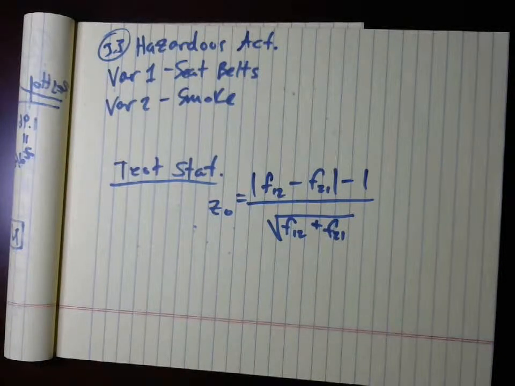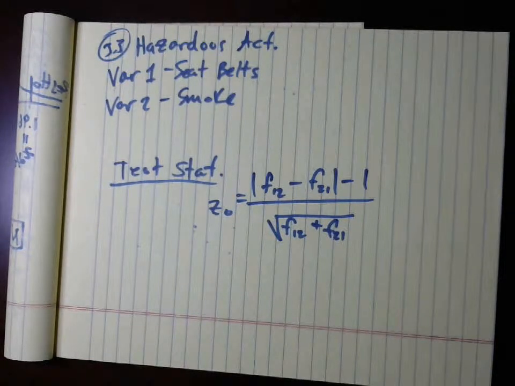And what you want to do is compare where they differ. If one is being hazardous in one variable, then you want to look at where they're not being hazardous in the other variable, and vice versa.